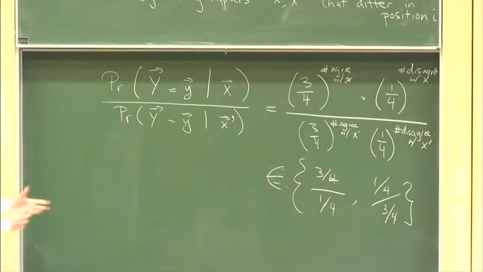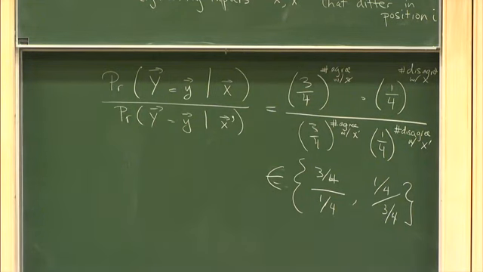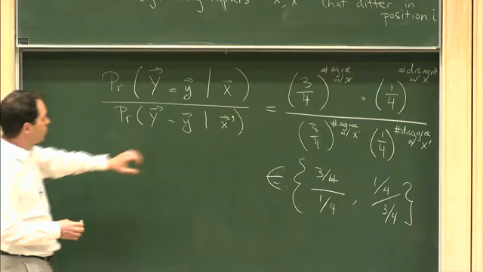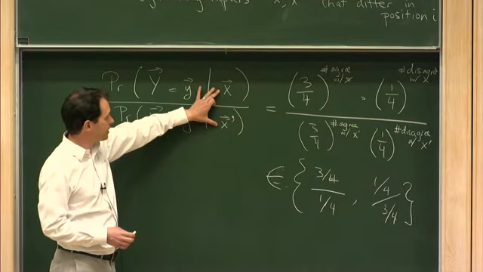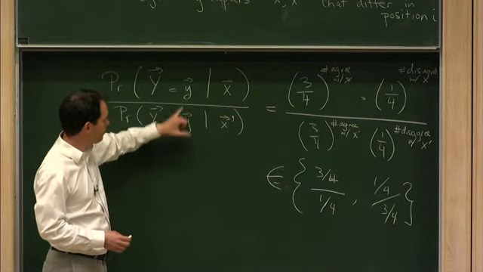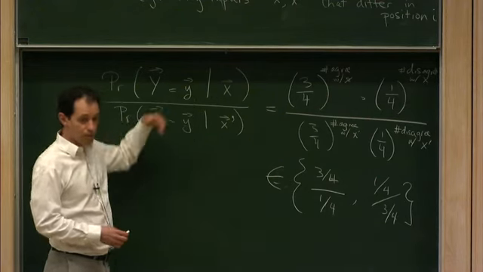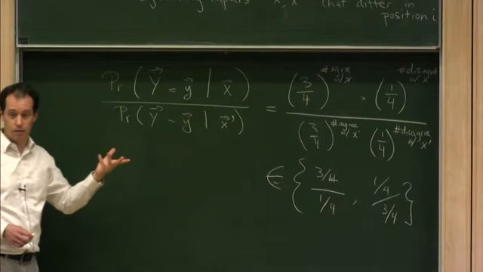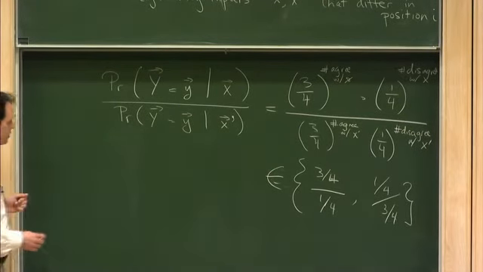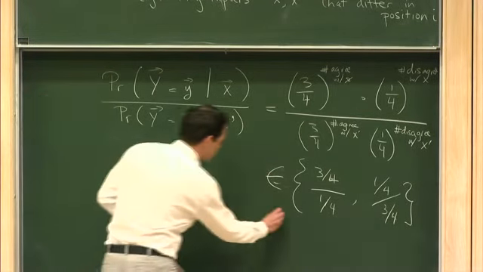What we required for our definition of privacy was that for any two data sets x and x prime, the probability of any set of outputs goes up or down by at most e to the epsilon.